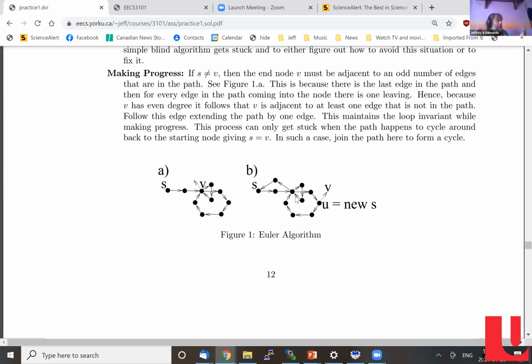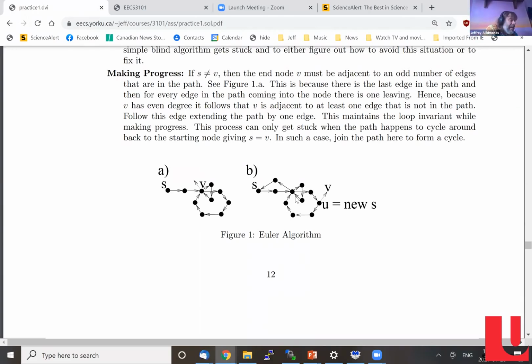Well, it's kind of a loop invariant, right? The loop invariant is that if you're not on S, and you're not at the current node, then the number of edges you've used is even because you've come in and you left. You came in and you left.